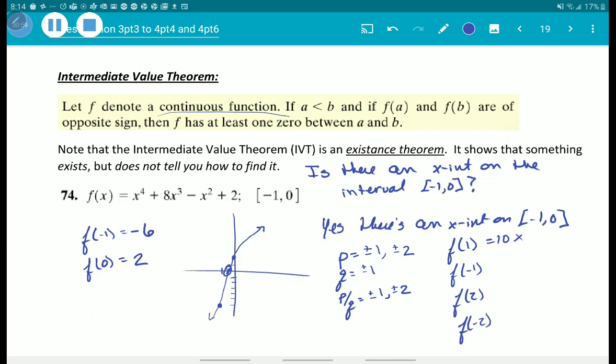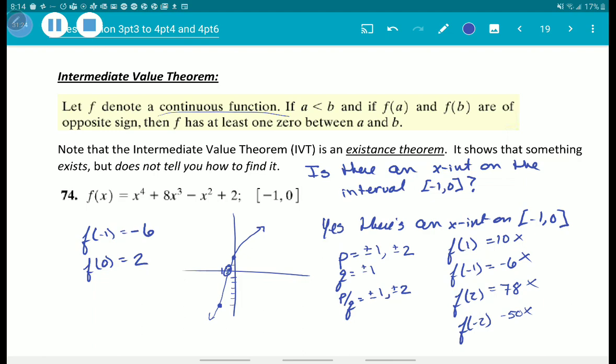So we don't have a factor there because the remainder when we divide would be 10. Negative 1 gives us a negative 6. That doesn't work. 2 gives us 78. And negative 2 gives us negative 50. So that doesn't work.